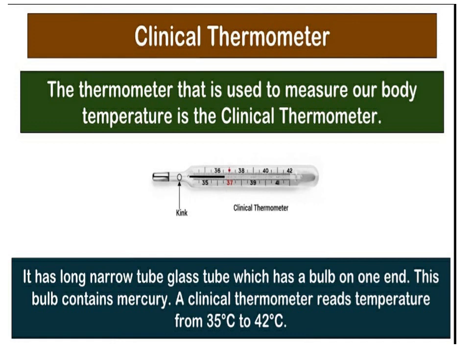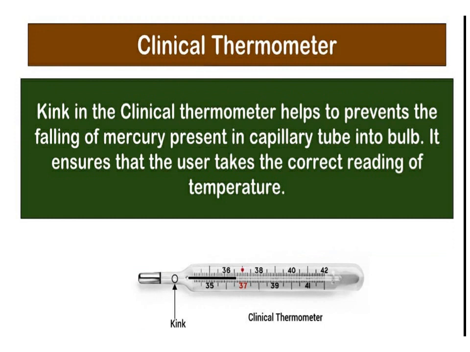Our body temperature lies from 35 to 42, maximum 42, minimum 35. That's why this range is fixed. Now, the kink in the clinical thermometer helps to prevent the falling of mercury. You can see in the diagram a part written kink. This kink does not allow the mercury to go back to the bulb from the capillary tube.